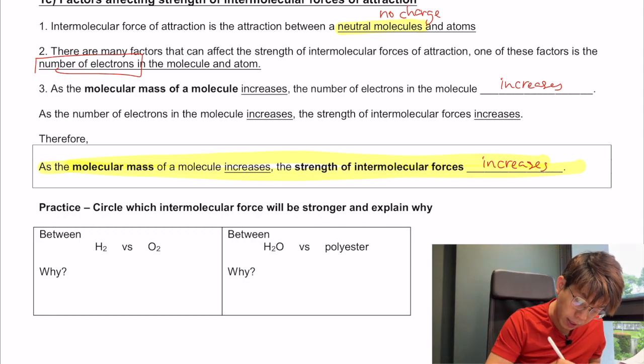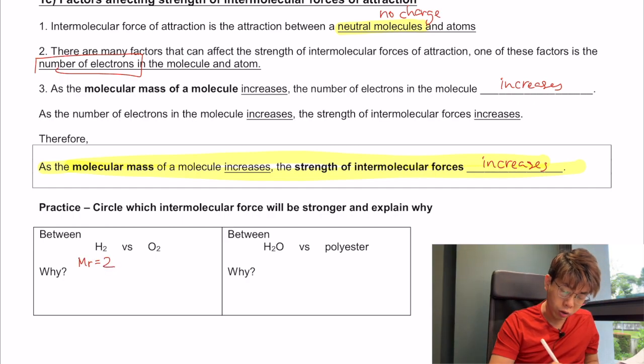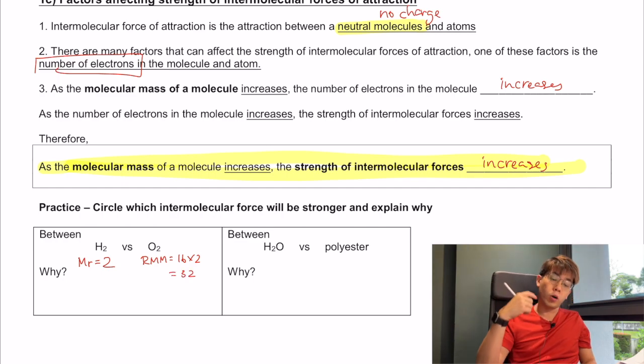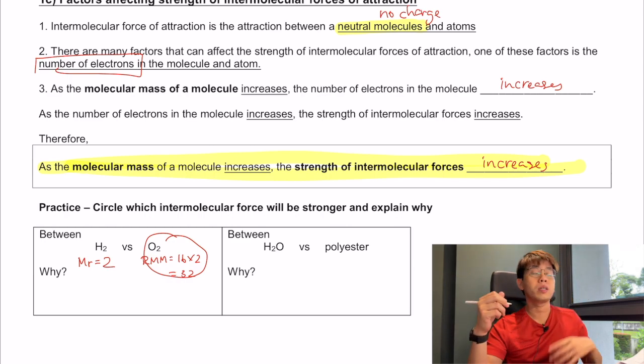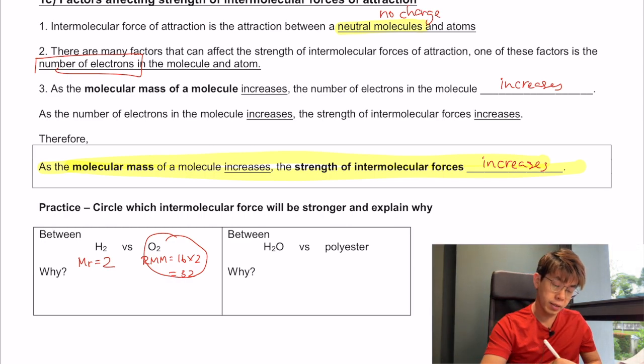So we can see that hydrogen has a molecular mass of 2, while oxygen has a relative molecular mass of 16 times 2, which is 32. So we can see that oxygen is bigger, because it has a higher molecular mass.